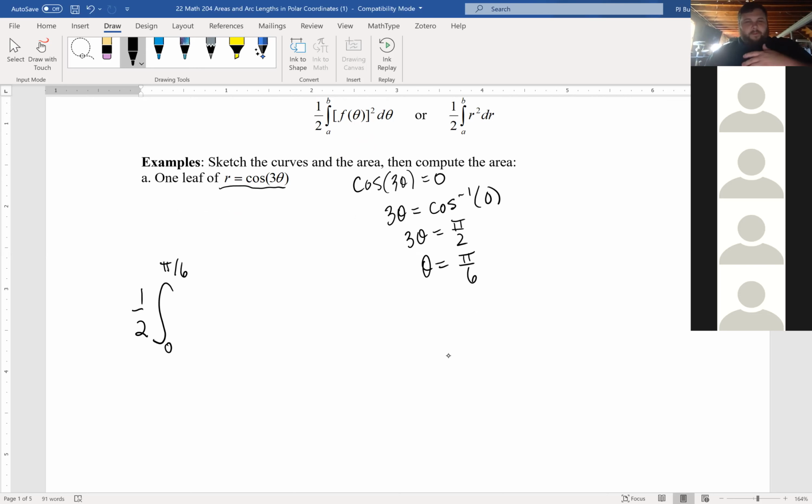It's old news at that point. So 1/2, 0 to pi over 6. Our function is cosine 3 theta, but notice it's function squared. So we need cosine 3 theta quantity squared with respect to theta.